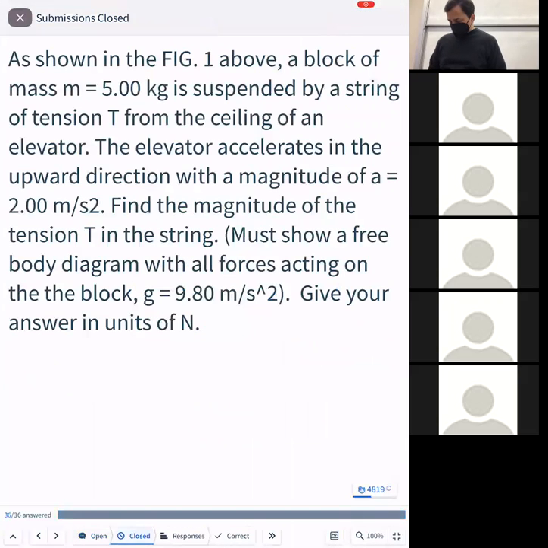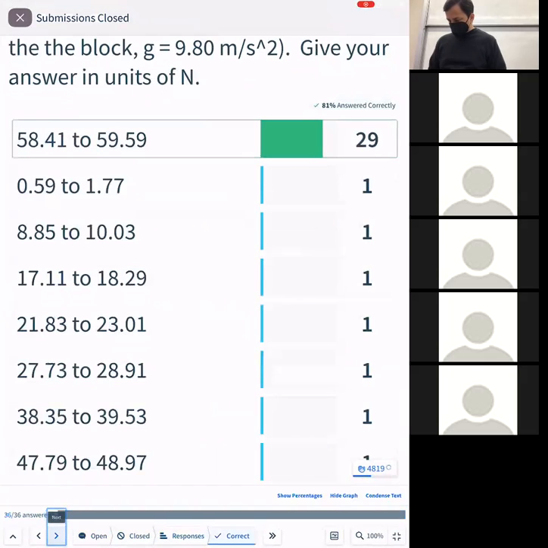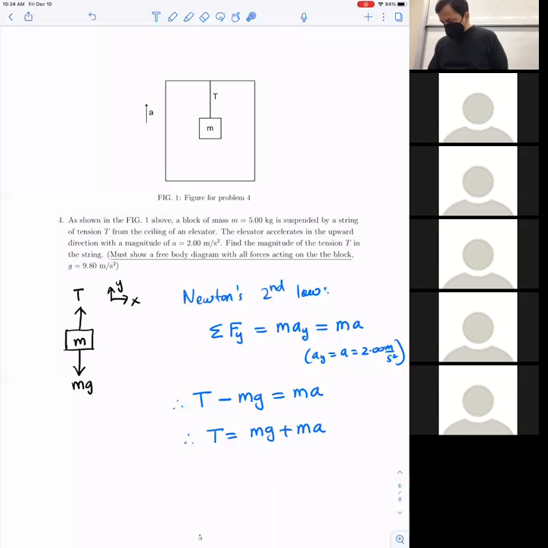All right, let's see what we got. So that is indeed correct. The correct answer is, I believe, 59 newtons. If you plug in the numbers here, you get that the tension is 59 newtons.